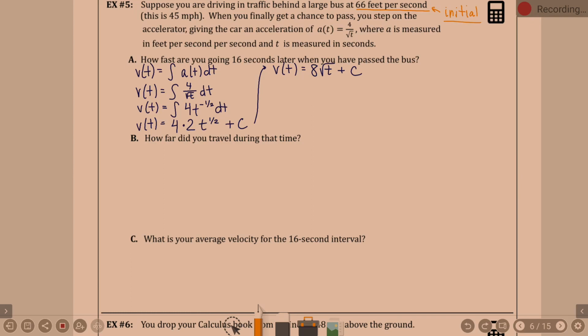Why did I pick 66 instead of 45? Because A is measured in feet per second per second, so we need the feet one. It's all about what we're labeling in. So right there, our initial is 66. So we know V of t is 8 square root of t plus 66.